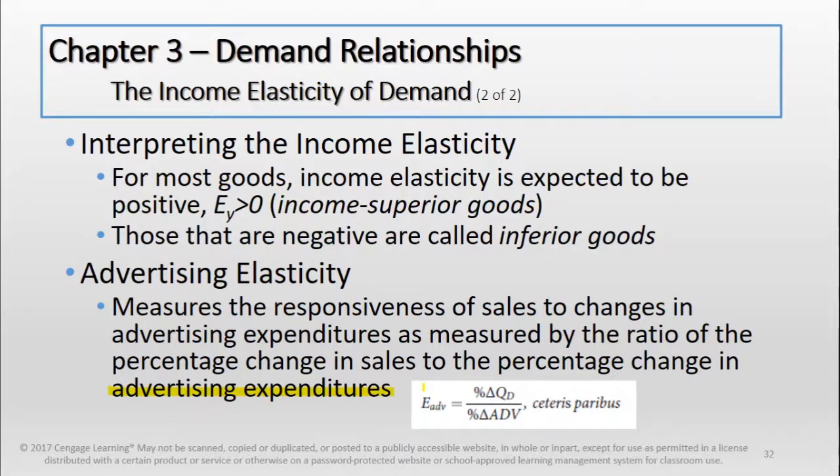So, more or less, more na dyan siya katong cost-benefit analysis, diba? So, again, dapat mas dako gid gihapon ang change nga makuha sa imong sales given for that specific change of advertising expenditure. So, as much as possible, positive ang ideal result dere sa imong advertising elasticity.